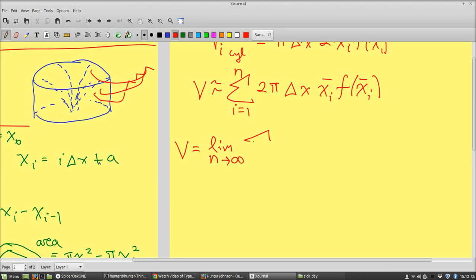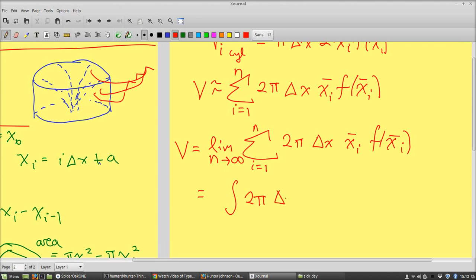So I'll make the number of shells go to infinity. They're all equally spaced, so that makes their width go to 0. And we get this. And surprise, surprise, surprise, this turns out to be an integral. This is the integral 2 pi x f of x dx.